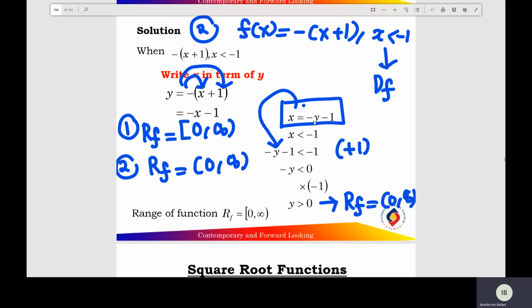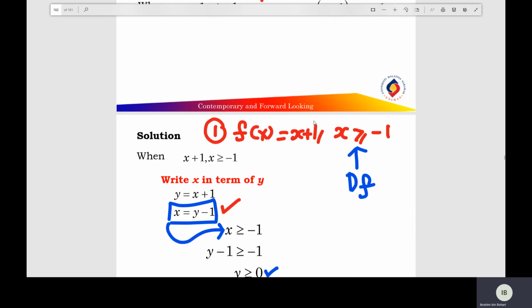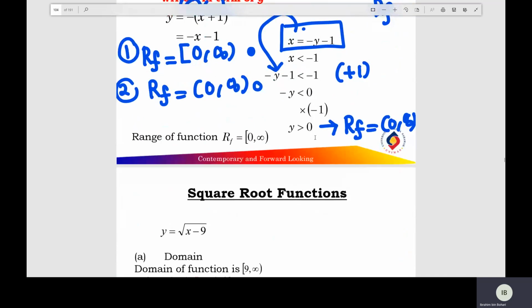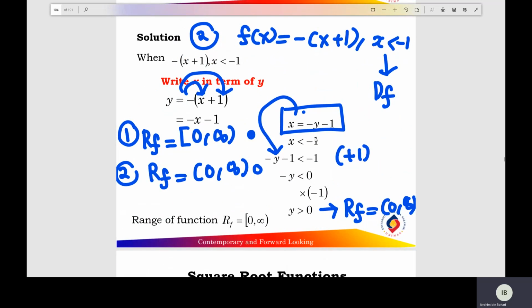Okay, and the answer here includes 0. Okay, you check the sign. Here is the solid circle. And here 0 using the empty circle. Okay, so you combine the solid and empty circle and the answer here, range of the function 0 to positive infinity, using the semi-open bracket.